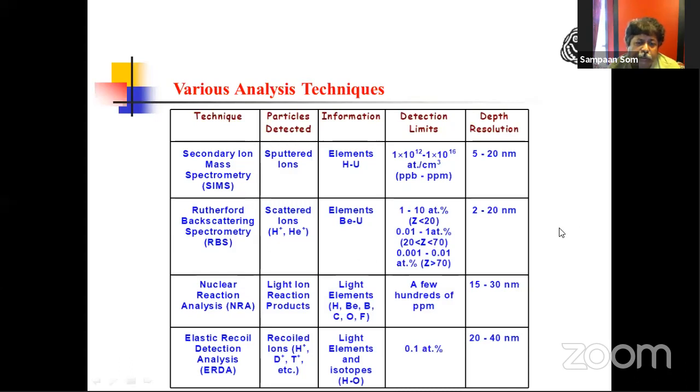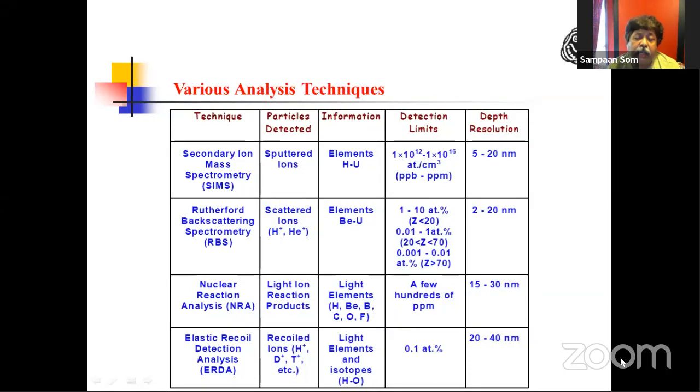Now, let us see the other ion beam analysis techniques, a few of which I will talk about, like ERDA and RBS. These are rather considered to be non-destructive techniques. And Rutherford backscattering spectrometry, for instance, is typically for low energy ions. It can be probed by both hydrogen or helium ions.